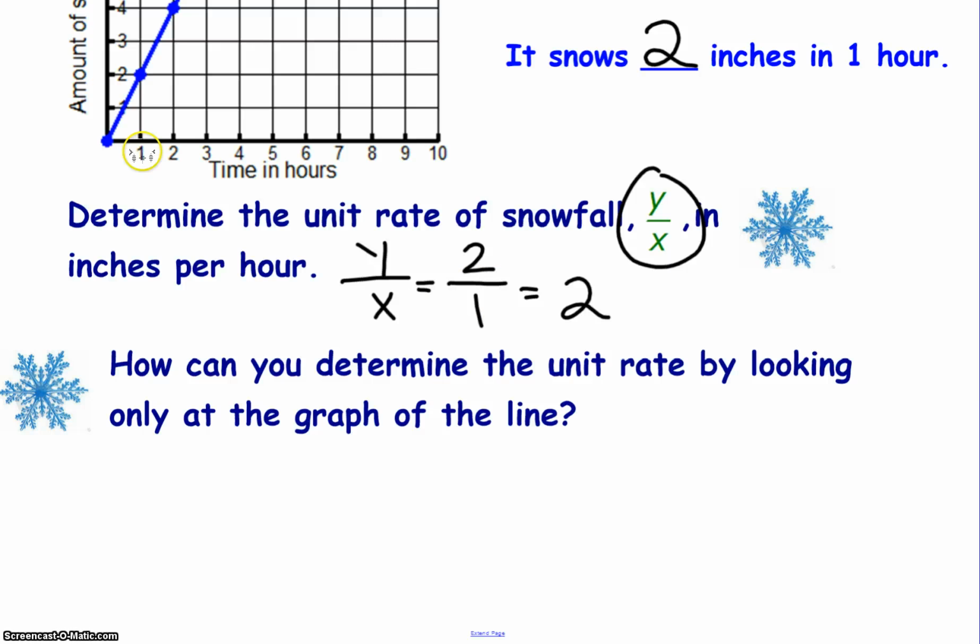So go to the 1 on the x-axis and go up or down to where it meets the line.